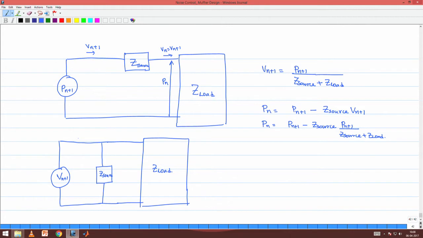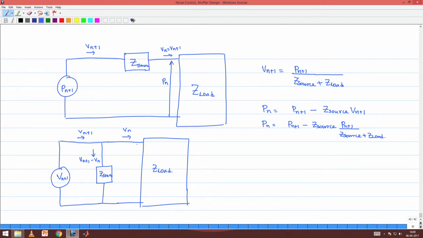Here the V n plus 1 will get split into two parts. One is V n. So, V n plus 1 and V n will not be the same in this situation, because a part of the current will move in this shunt line, which will be of the form V n plus 1 minus V n, right.